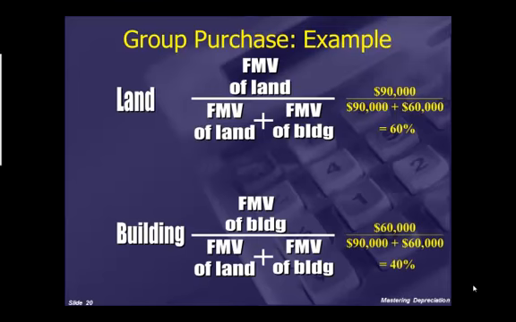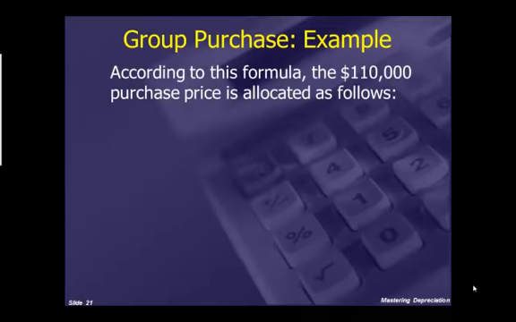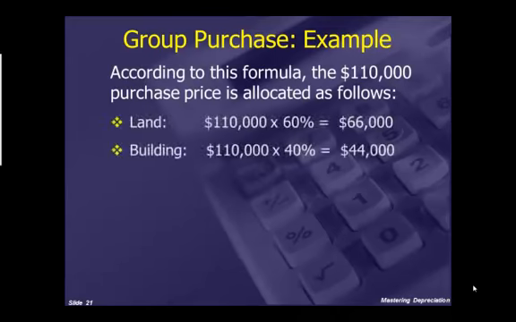The fair market value of the building is $60,000, once again divided by the total $150,000, and that's 40%. So take note, 60 and 40% is 100% total that we have here. So according to the formula, we're going to take the $110,000 for the land and multiply it times 60%, that gives $66,000. And the building will take $110,000 times 40% to get the $44,000.